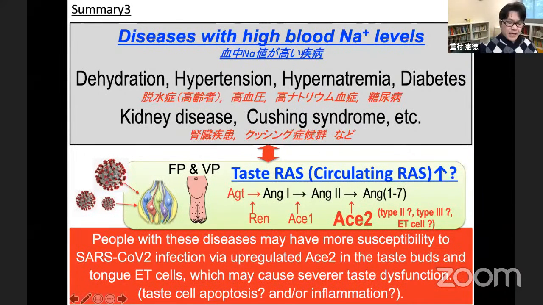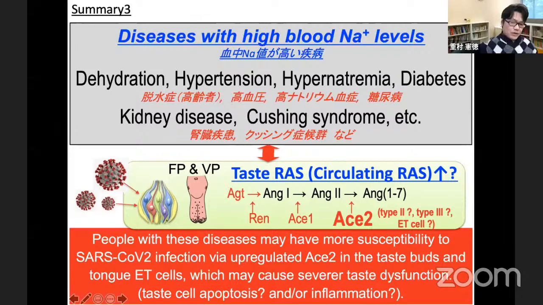So now we speculate that people with these diseases may have more susceptibility to SARS-CoV-2 infection via upregulated ACE2 in the taste bud and tongue epithelial tissue cells, which may cause severe taste dysfunction, which may be due to taste cell apoptosis or inflammation.